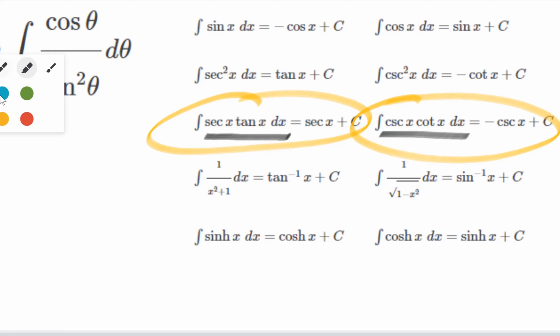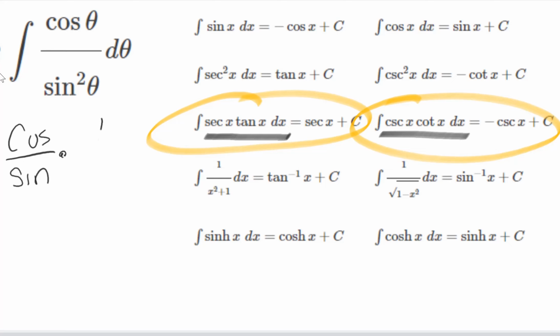And this one, I can change that to cosine over sine times 1 over sine. Is that the same? Yeah, because sine times sine is sine squared, cosine times 1 is cosine, right? Okay, so now cosine over sine is cotangent, and 1 over sine is cosecant.